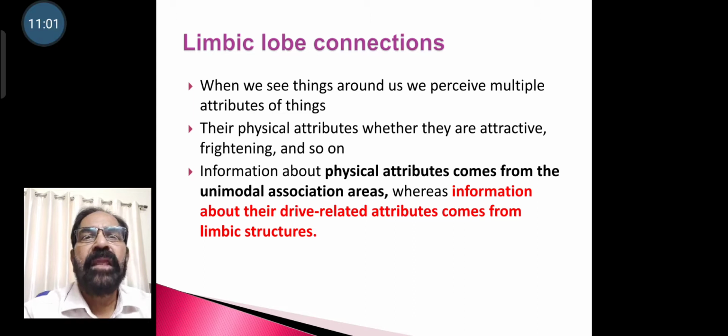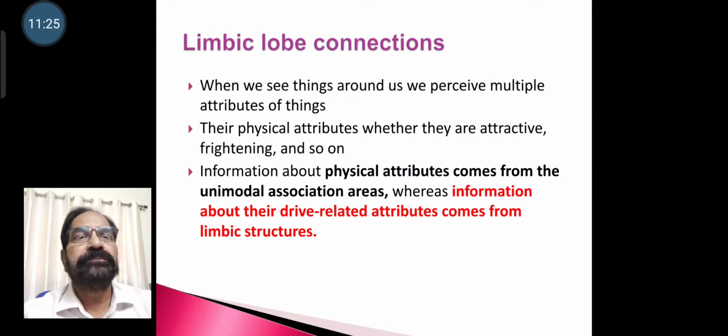Limbic connections. When we see things around us, we perceive multiple attributes of things. Their physical attributes, whether they are attractive, frightening, and so on. Information about the physical attributes comes from unimodal association areas, whereas information about their drive-related attributes comes from the limbic structures.